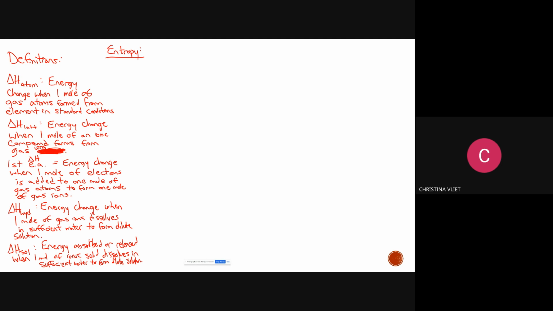It's the number of arrangements of particles and their energy in a system. That's what entropy is defined as. And that's the definition part of this unit.